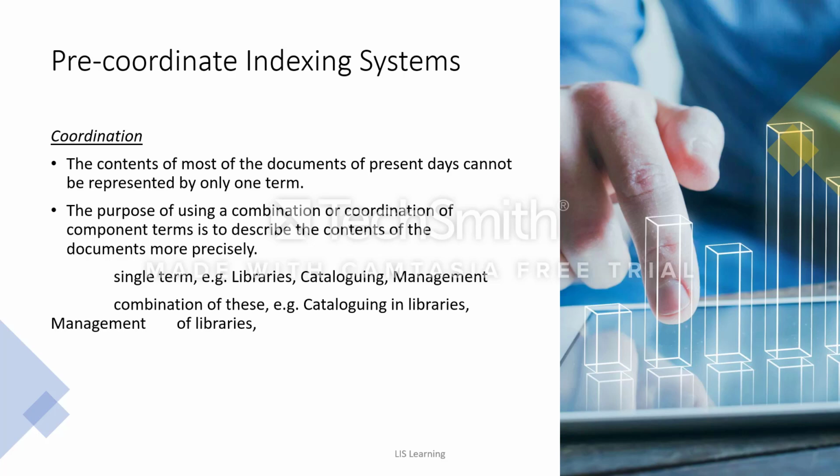If the document is related to libraries only, we can denote it by libraries only. Otherwise, if the document explains cataloging in libraries, there are two concepts described in the document, cataloging in respect of libraries. So we have to take these two words to explain that document.